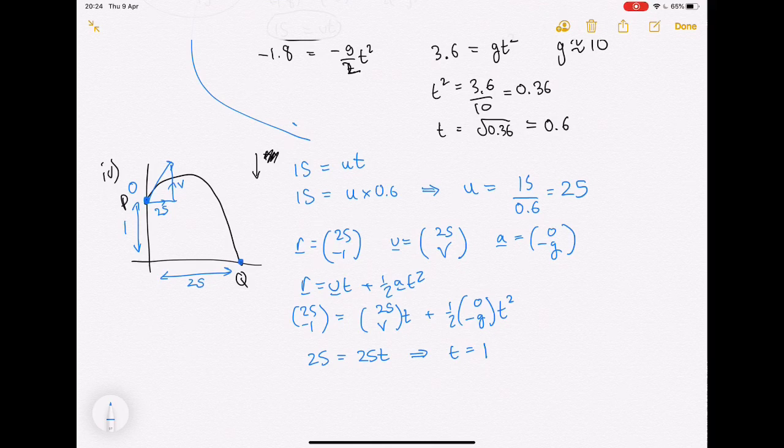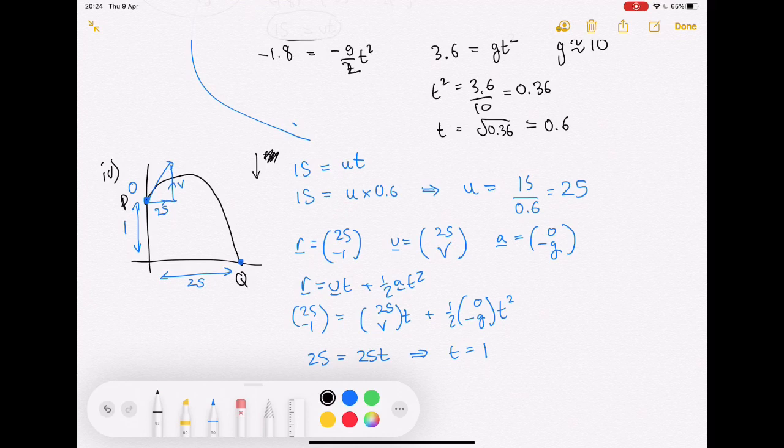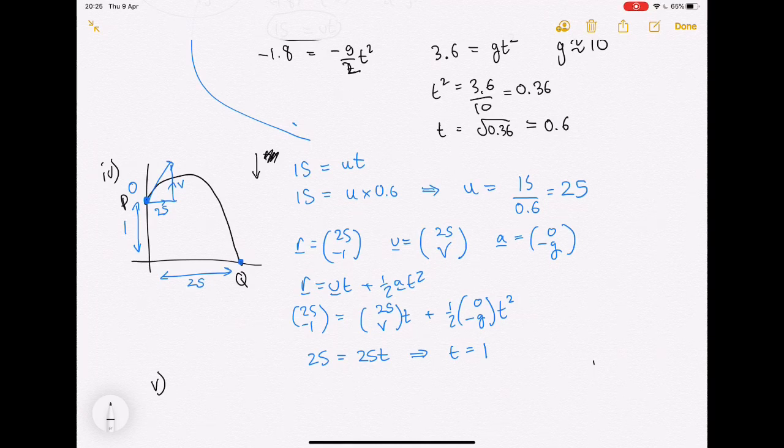Okay, the final part, part 5, asks us to calculate the speed of the projectile when it hits the ground. So, what do we know here? Well, we don't know the speed of the projectile when it hits the ground.